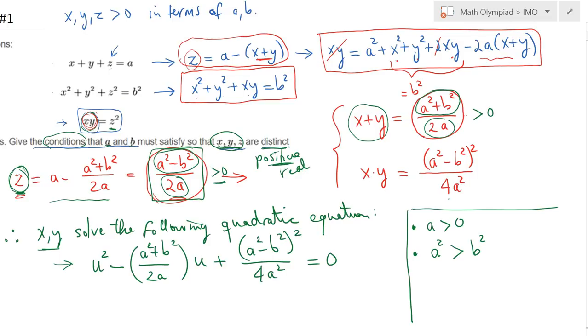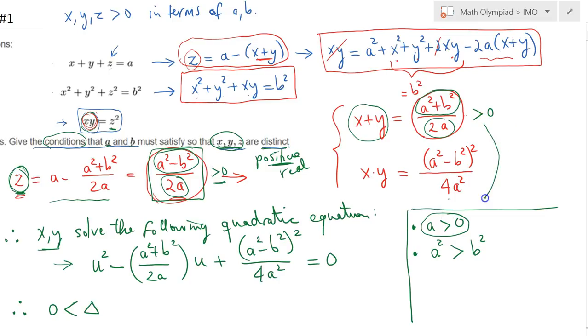So I can focus on the discriminant. We want the discriminant to be greater than 0 as well, because this is the only way we can have two real roots.